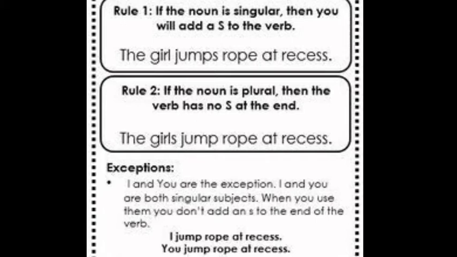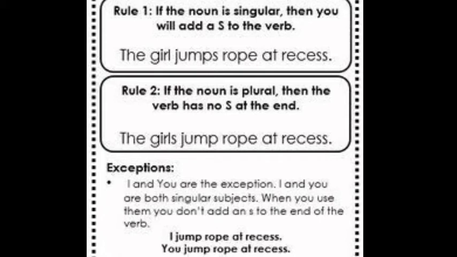A few rules to be kept in mind before you solve any questions from subject verb agreement. Rule number 1, if the noun is singular, then you will add an s to the verb. For example, the girl jumps rope at recess. Now you can see here the girl is singular and the verb has an s.